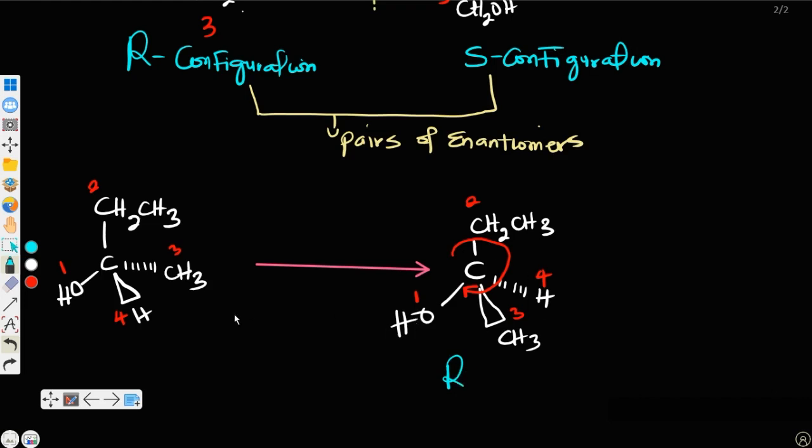However, because of the inversion you did, the right configuration is supposed to be R, but it will no longer be R; it will now be the opposite of R. So what configuration is this now? S configuration. Is that okay? So whenever you invert, any configuration it gives you before will now be the opposite of that configuration.